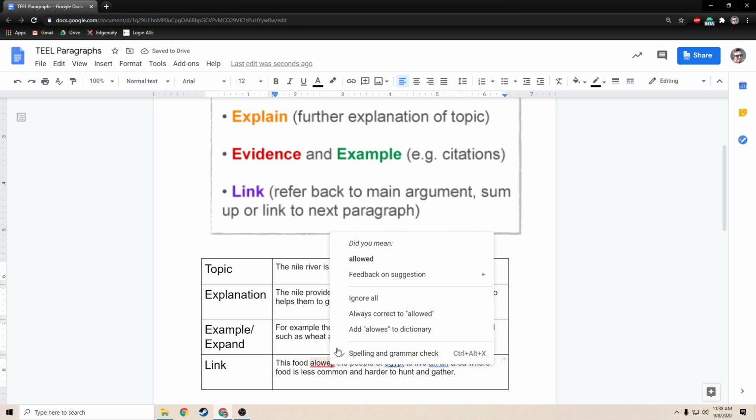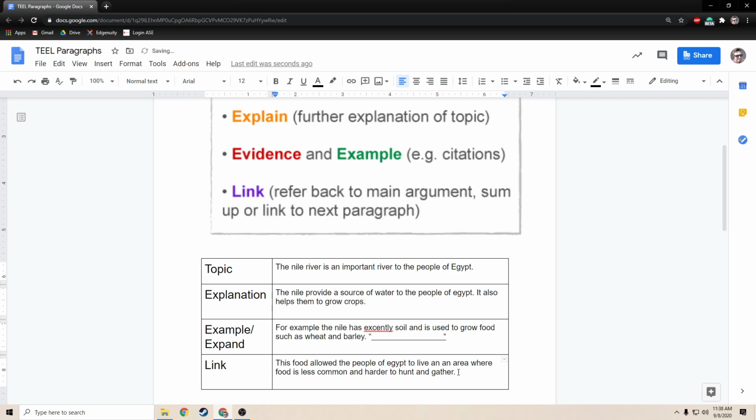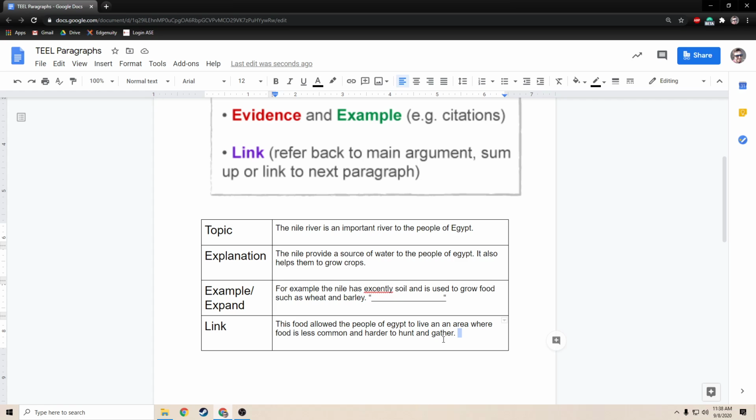So now we have connected our first sentence and our last sentence together, and we have more room to expand about how it provides water to them in more paragraphs below.